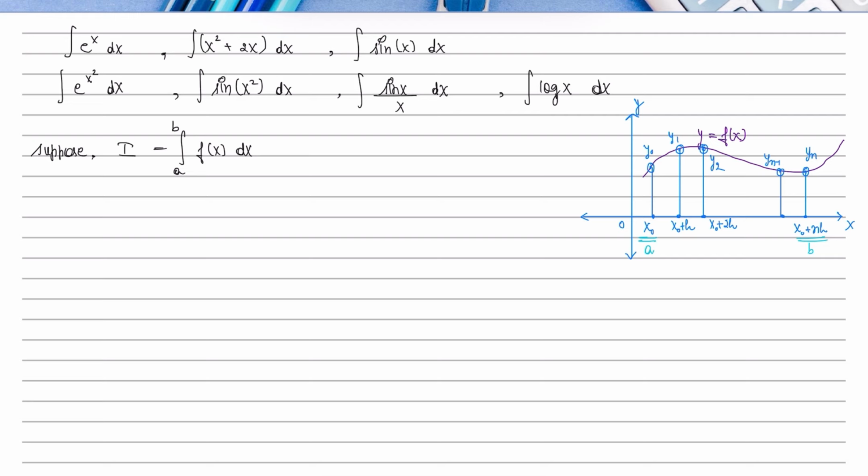And we have divided this whole interval in n equal parts, and we can write it as this function f takes the values y0, y1, y2, so on to yn for the x values as x0, x1, x2, so on to xn.